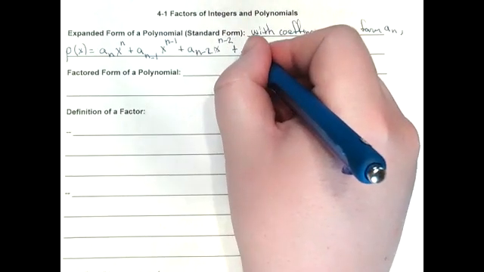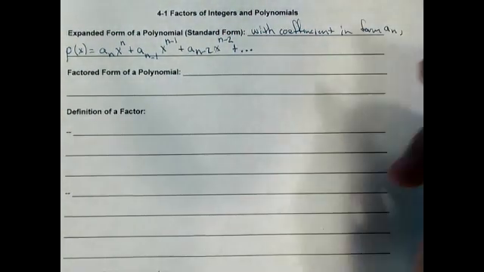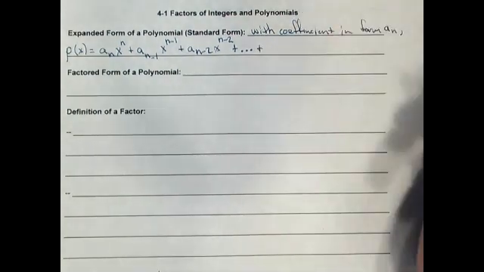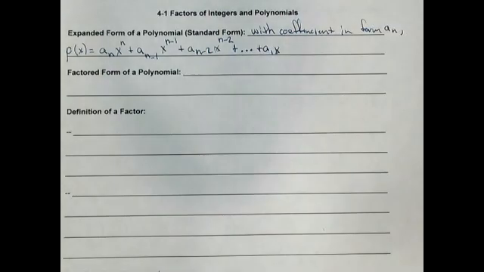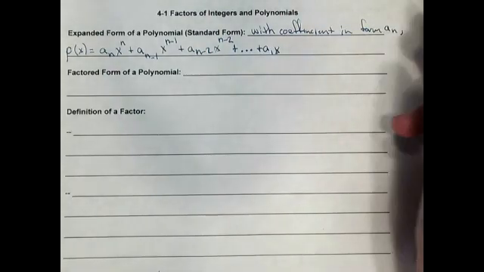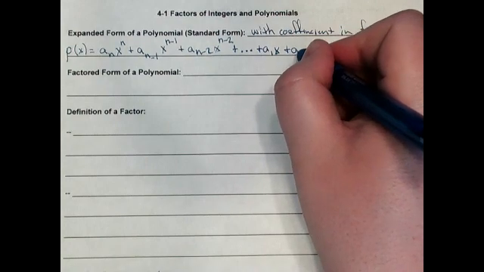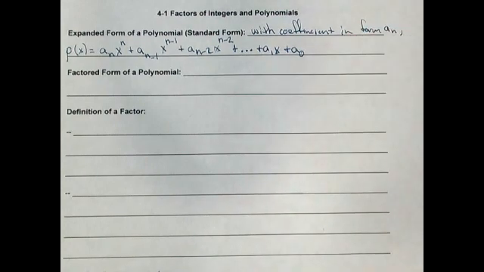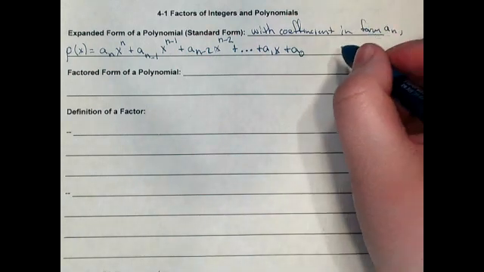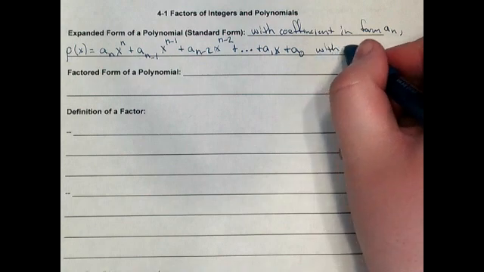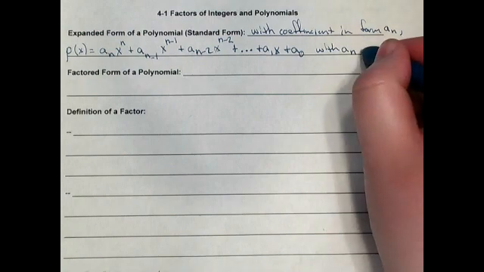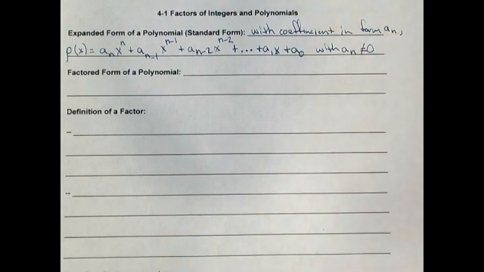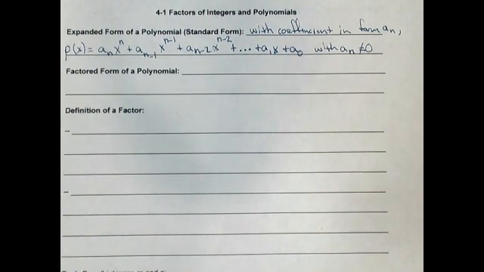And we keep going until we get to the last two terms, which might look like a sub 1 x to the power of 1, which we don't have to write a power of 1, plus a sub 0, which is a constant term, with the only other condition being that a sub n, that leading coefficient, cannot equal 0. Otherwise, we would have a different type of polynomial.